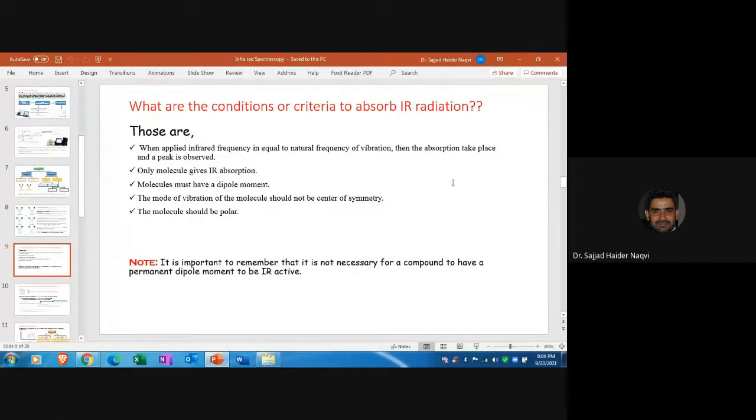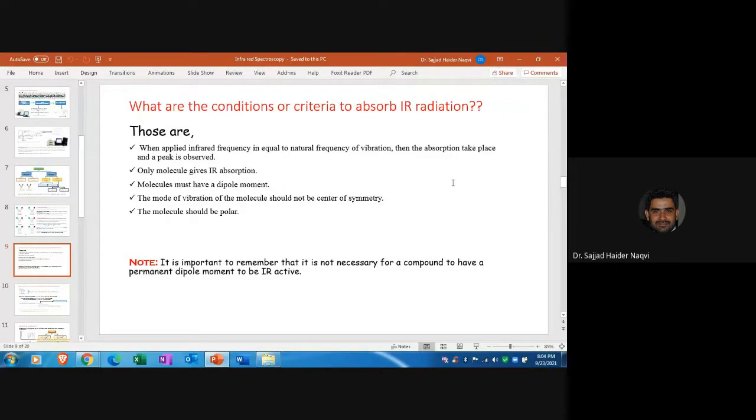For example, when the applied infrared frequency is equal to the natural frequency of the vibration. Remember, the molecule has its own natural frequency of vibration, because all the particles are in vibration. We all know the atomic concept of vibration of atoms. So when the applied IR frequency is equal to the natural frequency of vibration of the molecule, then absorption takes place and a peak is observed.